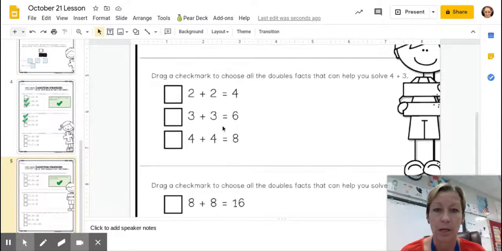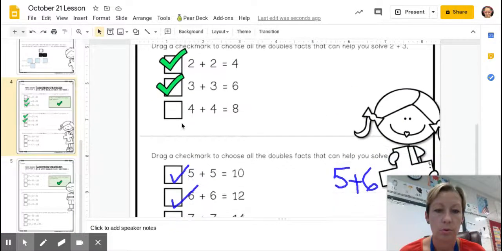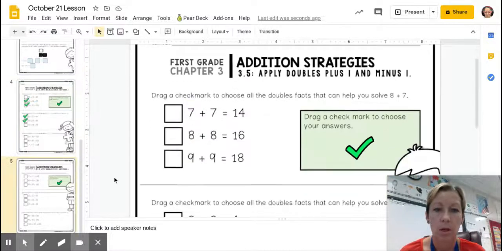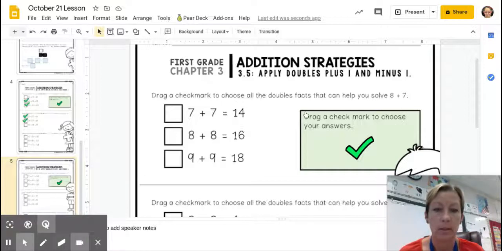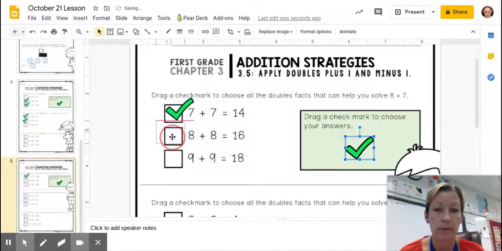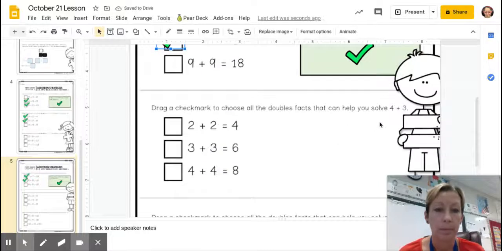All right. What about 8 plus 7? Okay, so let's look at it. It's either going to be 8 plus 8 or 7 plus 7. Only 2 options, right? All right. What about 4 plus 3?